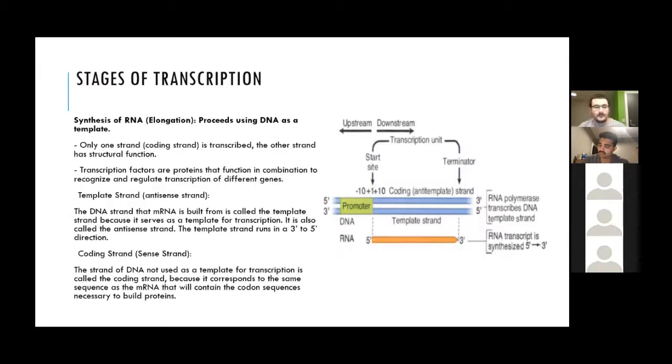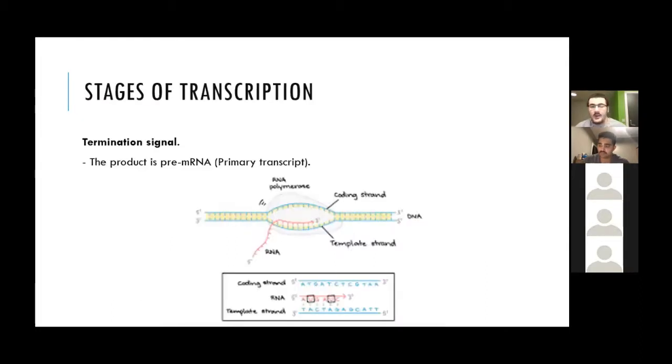All right. Now, termination. The transcription complex, consisting of the RNA polymerase, transcription factors, and various other proteins, goes through the DNA until it reaches the termination signal. The termination signals vary.